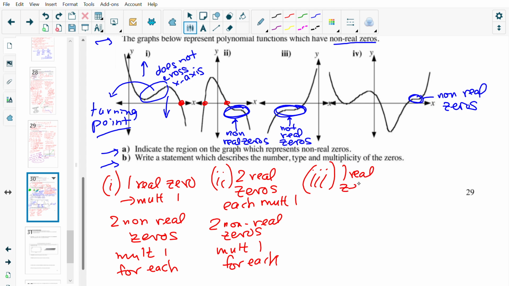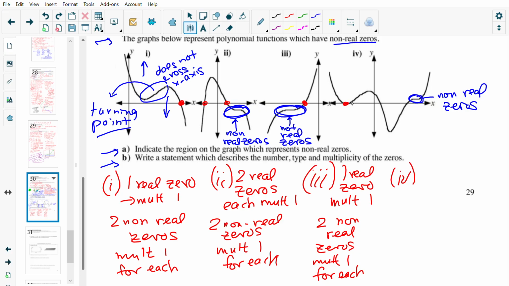Graph 3. 1 real zero. There it is right there. Multiplicity of 1 and 2 non-real zeros. Multiplicity of 1 for each.